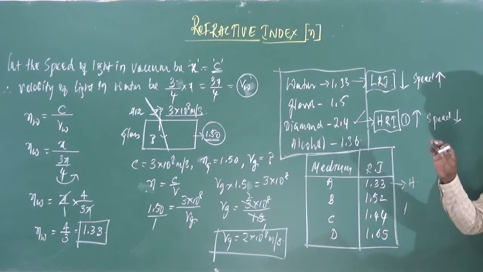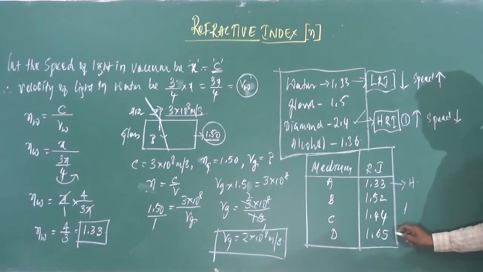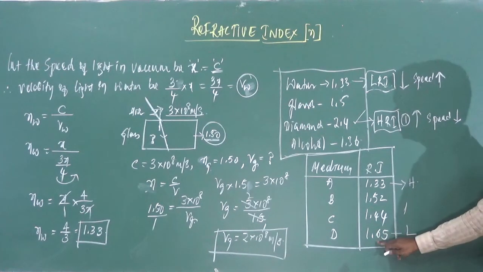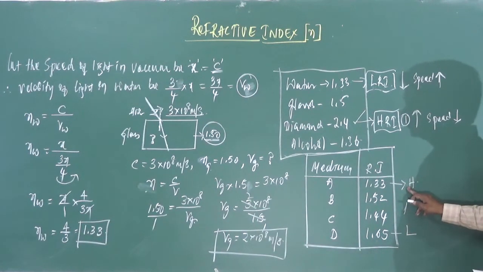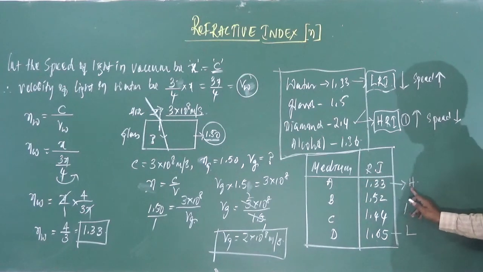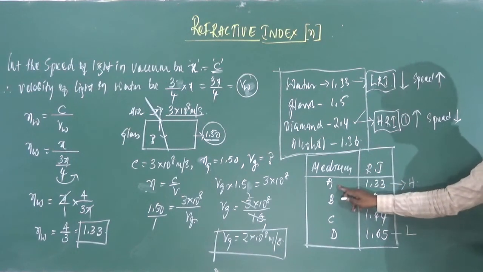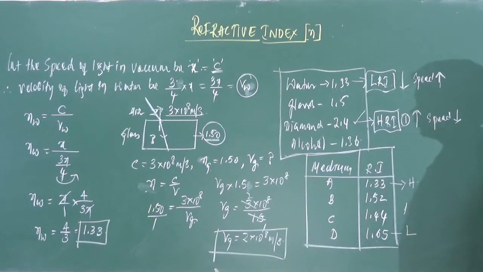Next, D, that is 1.65. This has the highest refractive index. So therefore the speed will be very less in this. Lowest speed is recorded in those substances having the highest refractive index, and the highest speed of light is recorded in those substances having the lowest refractive index.